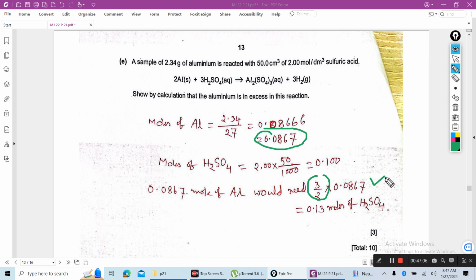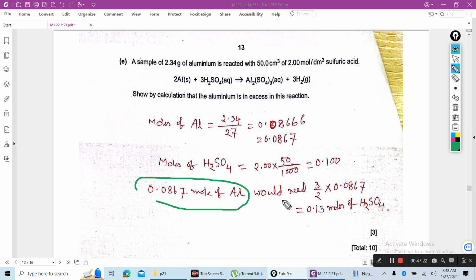This mole of aluminium would need sulfuric acid how much? 3 by 2 times this. This means 0.13 moles of sulfuric acid is needed for this mole of aluminium.